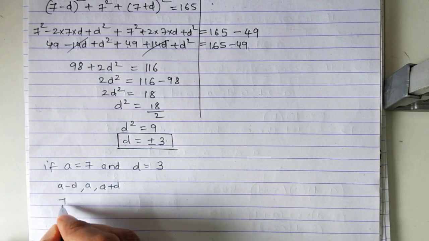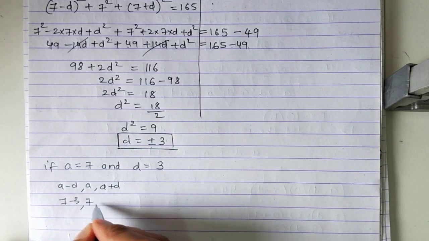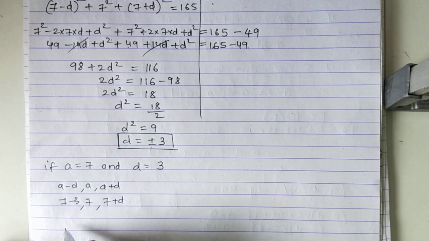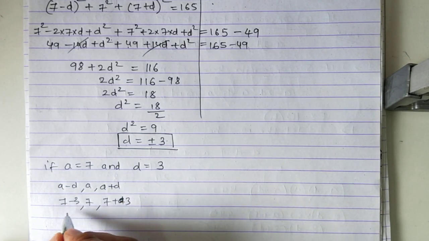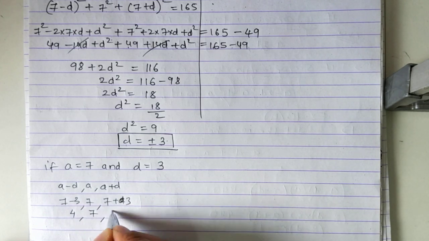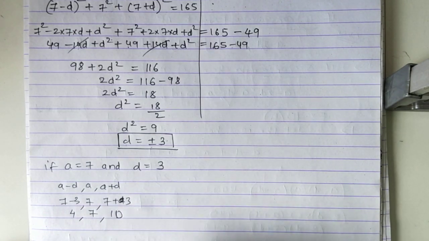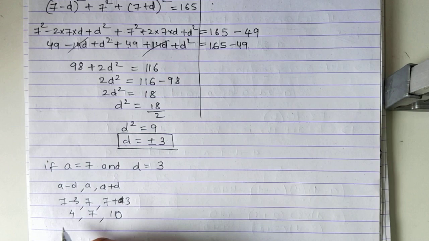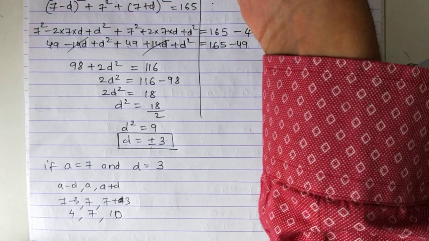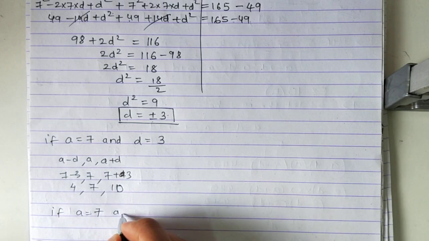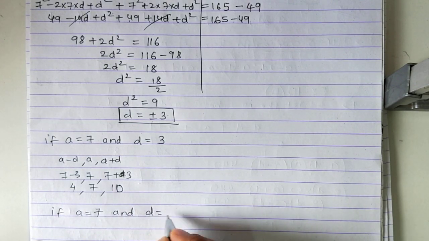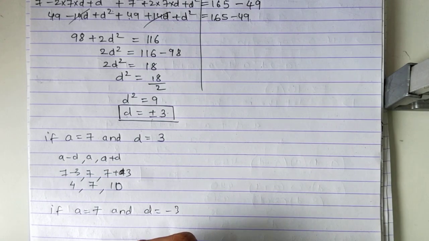So what will be those 3 terms? a minus d means 7 minus 3, 7 and 7 plus 3. So this is 4, 7 and 10. These are the 3 terms. And if I take a equal to 7 and d equal to minus 3, then what difference will it make?